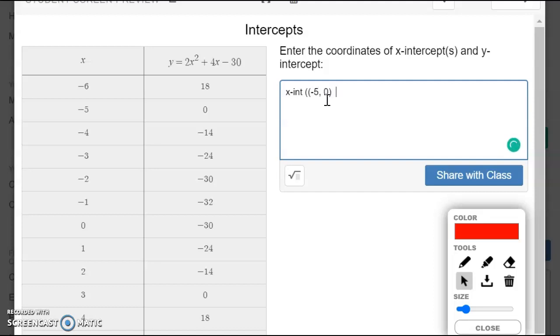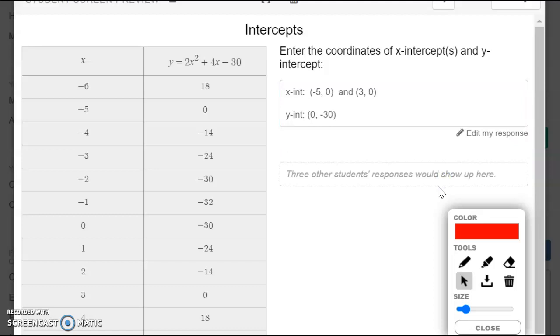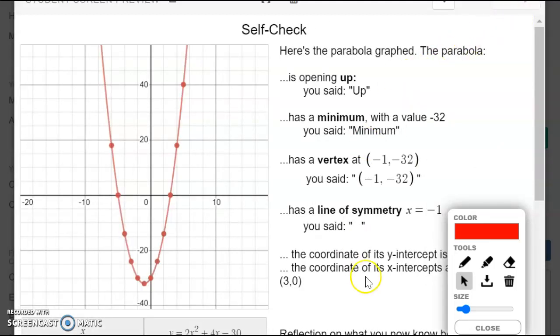And we have 3, 0. And for the y-intercept, we're looking for the x-coordinate to be 0. That's going to be 0, -30. And I get to share with my class. Okay, and the next card just checks all your answers, compares with the correct answer. And I'll continue next.